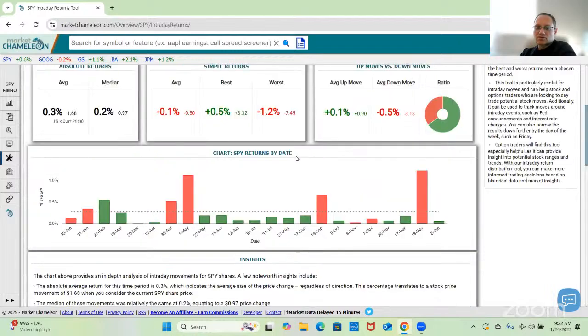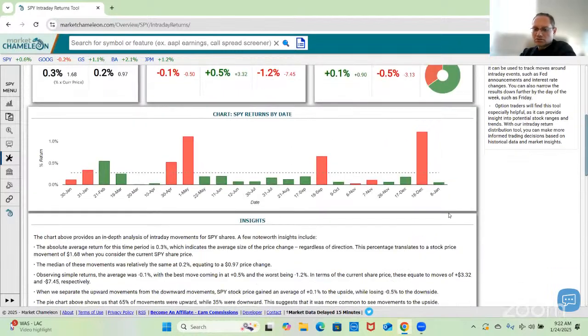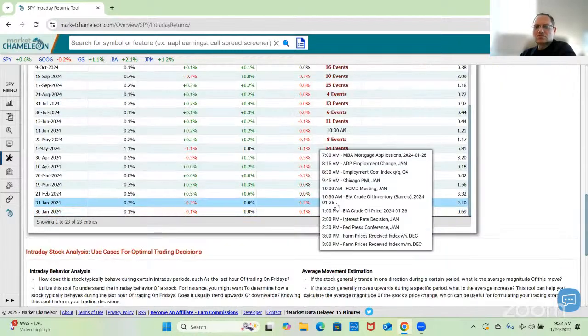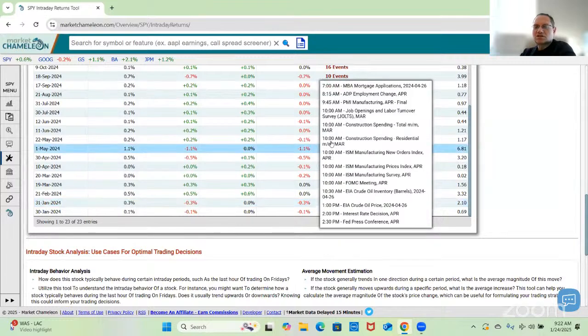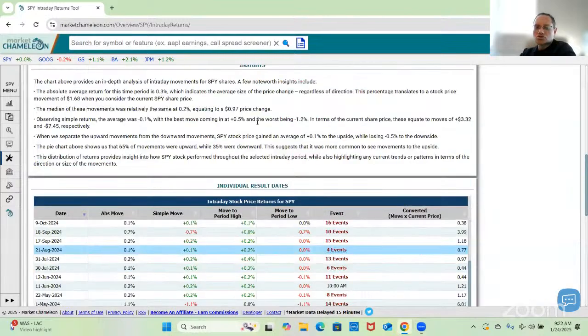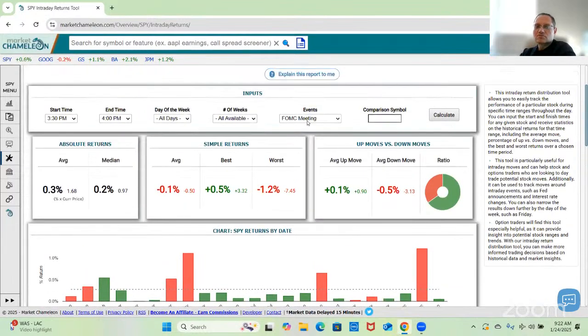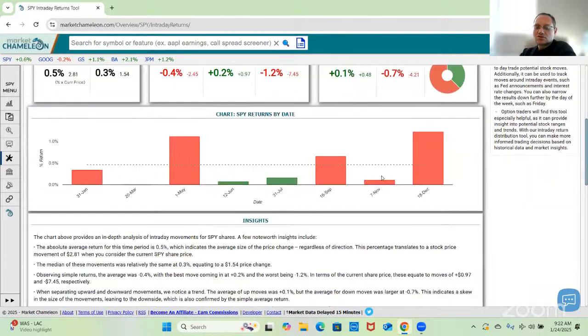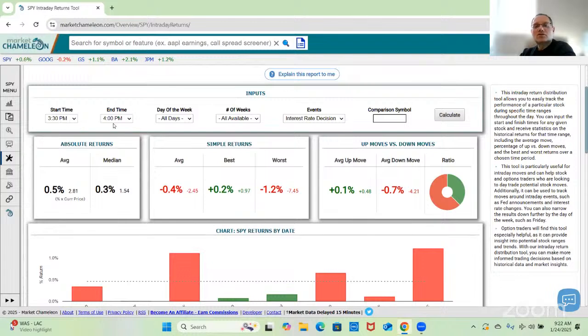Let me just see if FOMC, yes, so they have them sometimes at 10 a.m., sometimes at 2. Let's do interest rate decision. Okay, so these are the days with the interest rate decisions. We could see from 3:30 to 4 how the stock behaved.